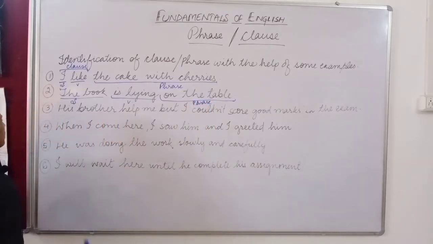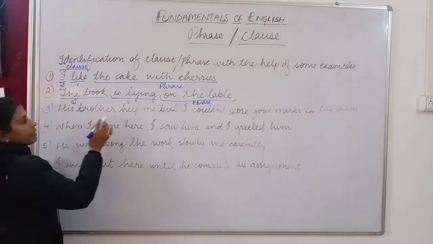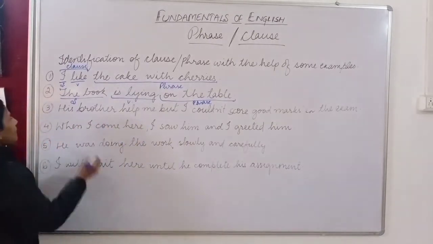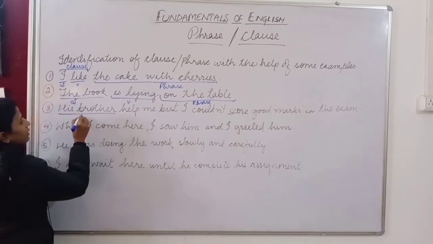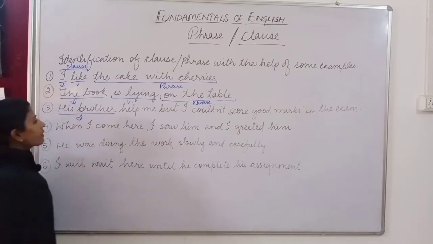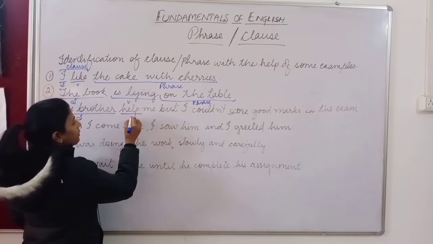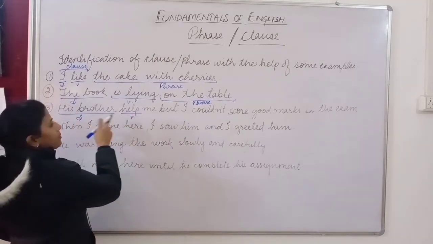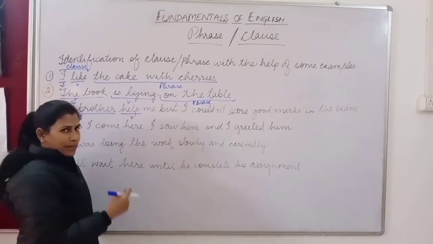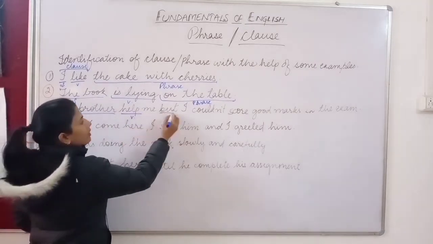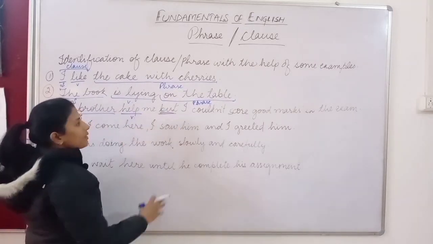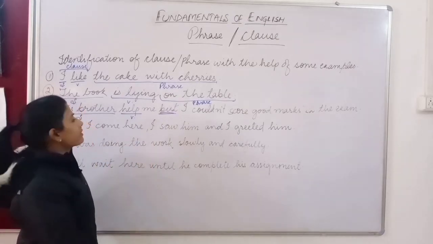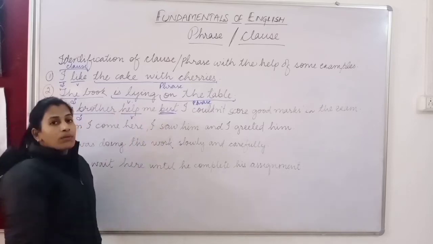Now, third: his brother helped me, but I couldn't score good marks in the exam. His brother is your subject here, and helped is the verb. But is a conjunction that we use to combine two different sentences to make a new sense.